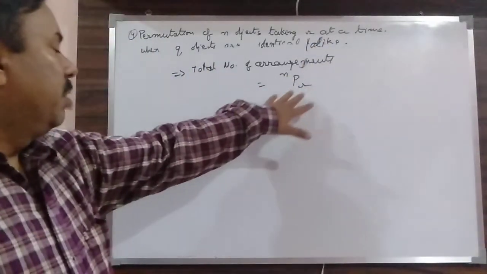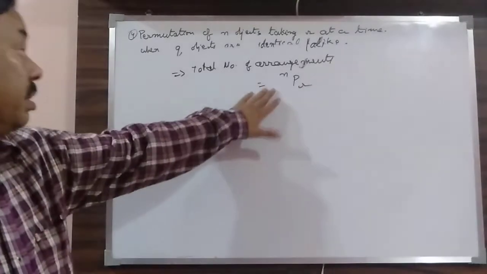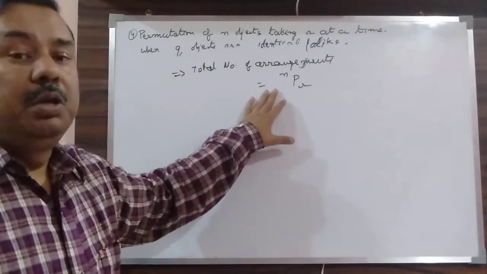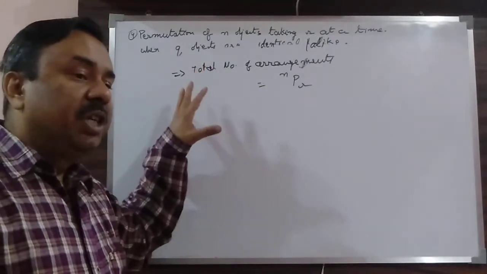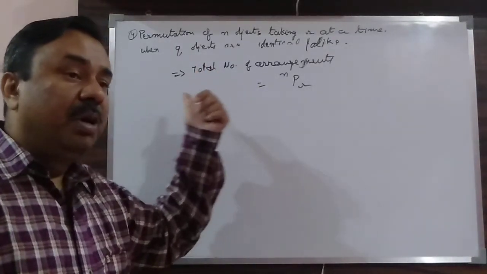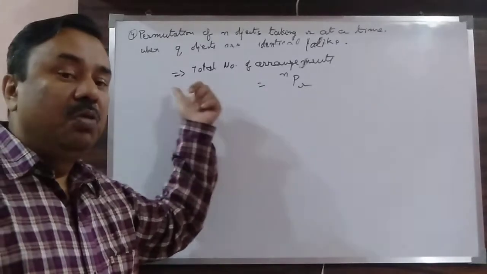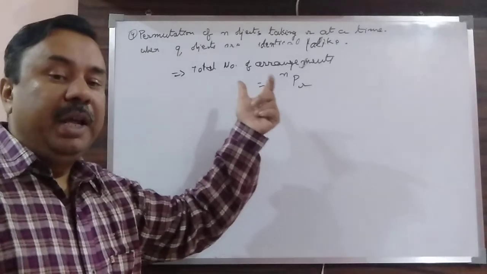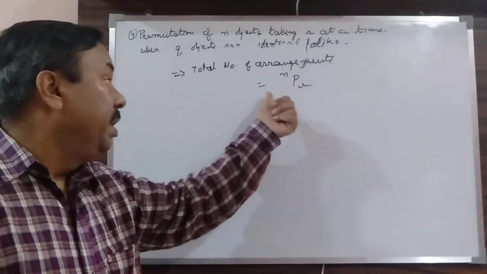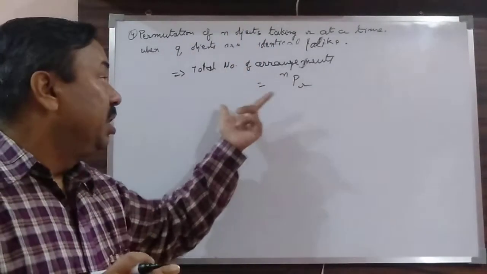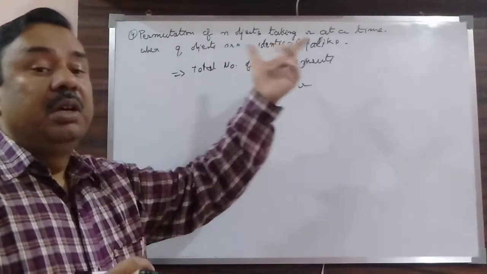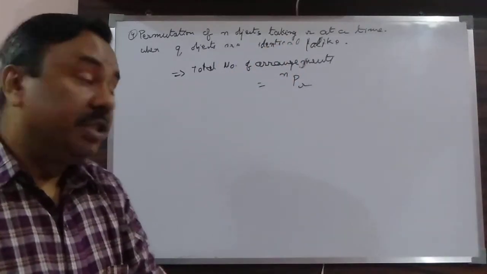Okay, total number of arrangements will be NPR, but out of these I know there are Q objects which are alike, so obviously the number of ways in which the Q objects are placed should be divided out, because it has been multiplied by that much times without any necessity.